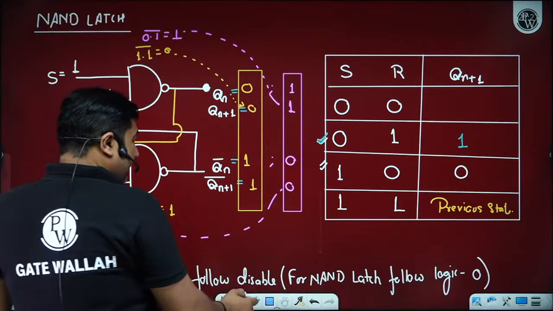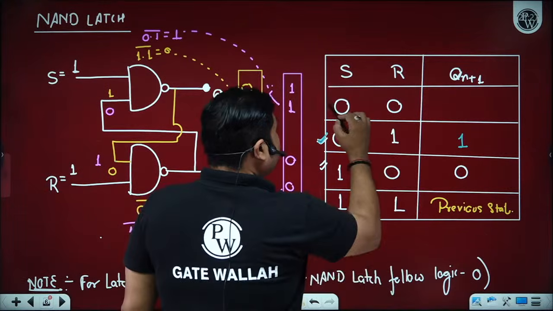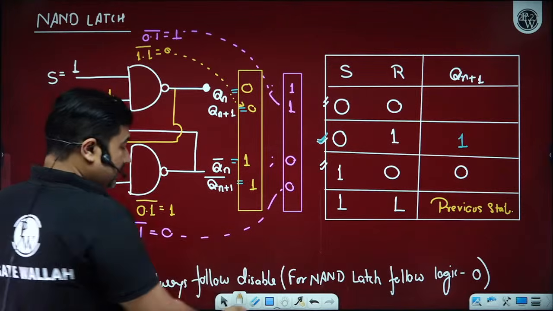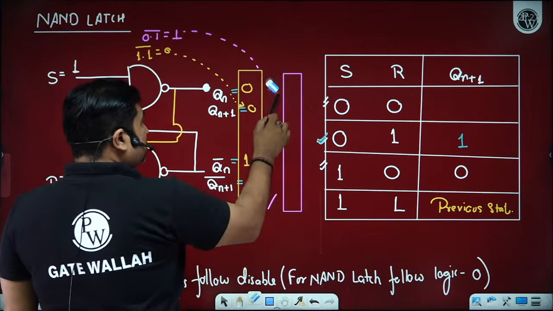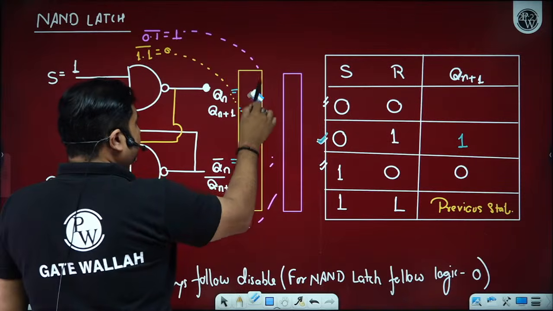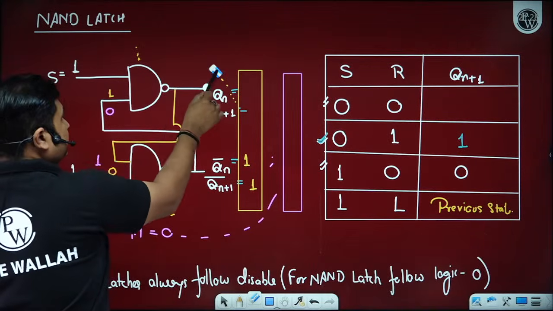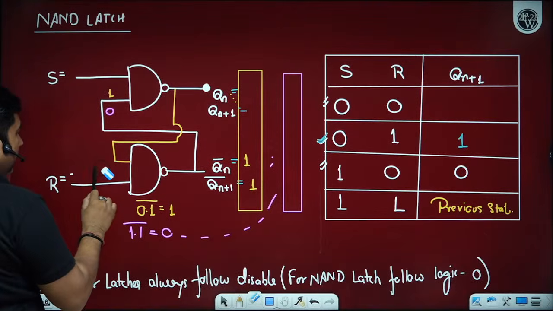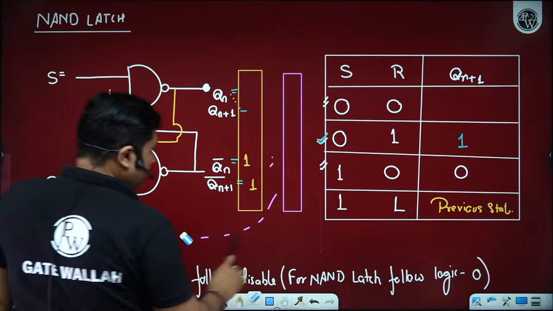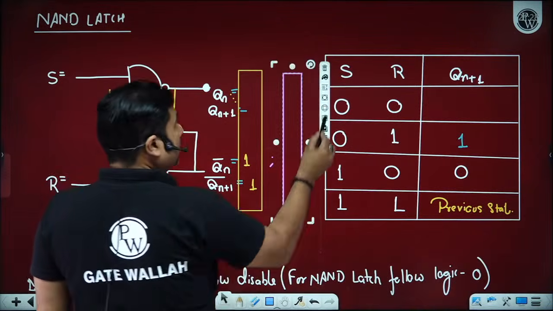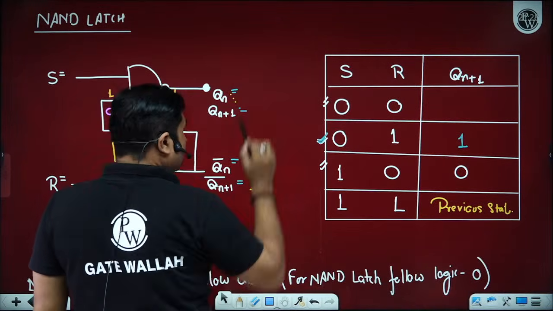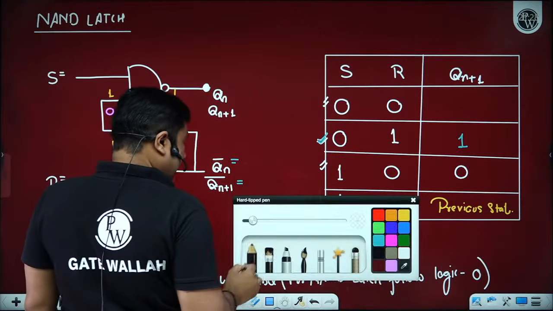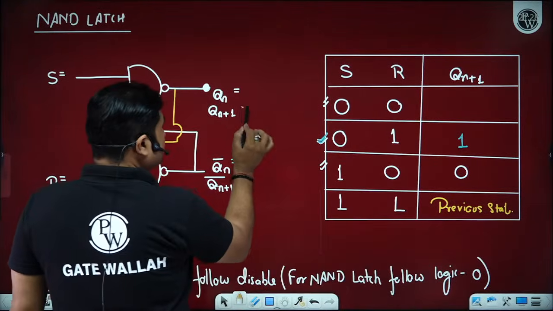Now again, come back to the last one. What happened for the 0-0 case? If we talk about the 0-0 case, then please observe, beta ji. 0-0 means both inputs S and R are 0-0.